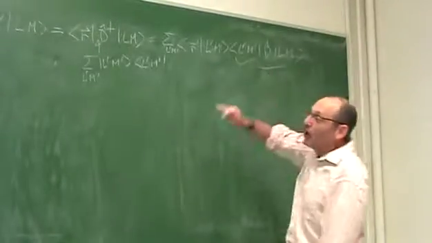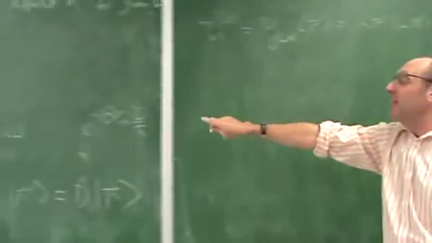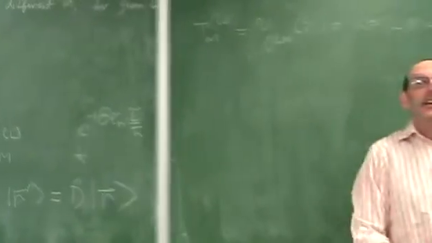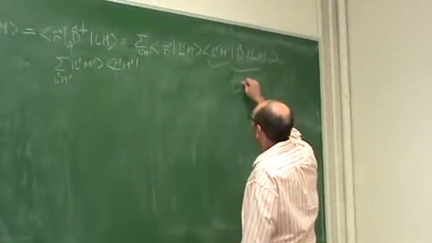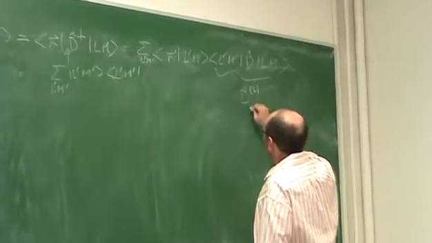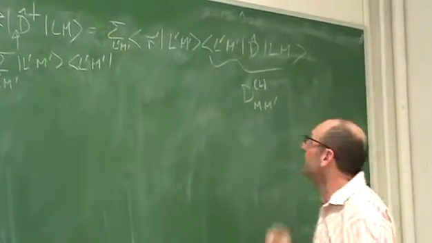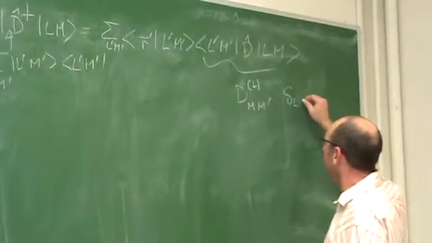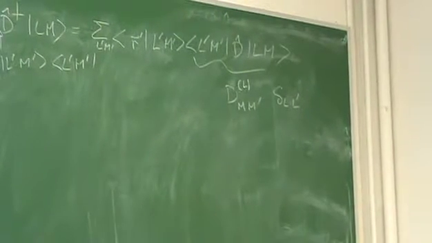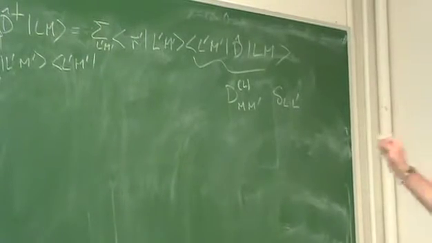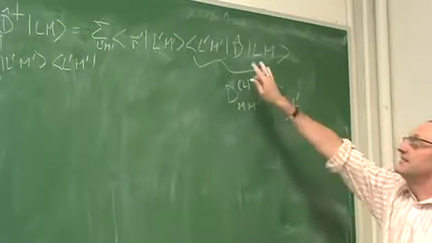In fact, we know that the rotation commutes with L squared, therefore it does not change the magnitude L, it only mixes the M's. So this is a matrix which has off-diagonal matrix elements in M, but no off-diagonal matrix elements in L. So for a given L, there's a matrix.